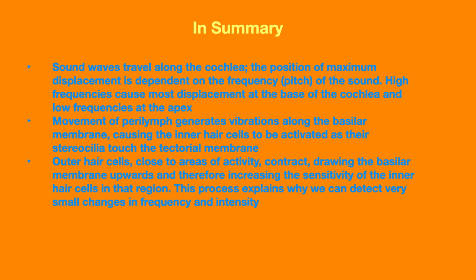Outer hair cells, close to areas of activity, contract, drawing the basilar membrane upwards and therefore increasing the sensitivity of the inner hair cells in that region. This process explains why we can detect very small changes in frequency and intensity.